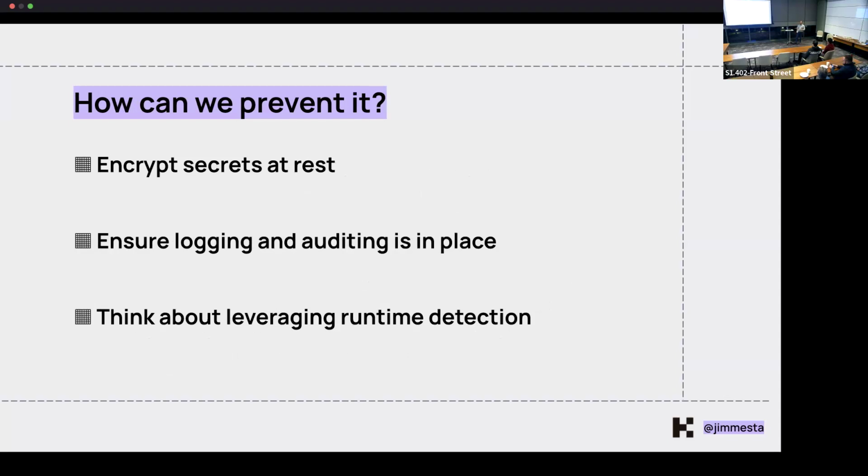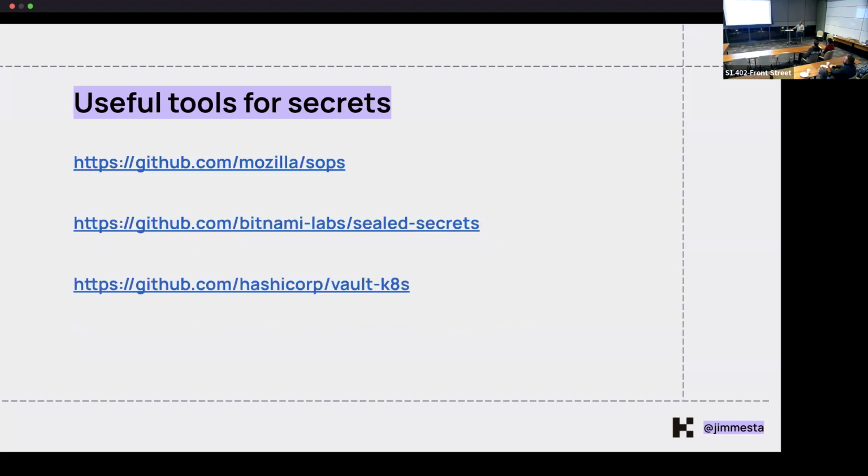That's a problem, because he's going to be able to get that secret value and use it elsewhere. And if you're not looking at those logs, you'll never find it. You can encrypt secrets at rest. That's easier now. It's definitely easier in managed Kubernetes. It's even better to just use KMS, and then runtime detection can help.